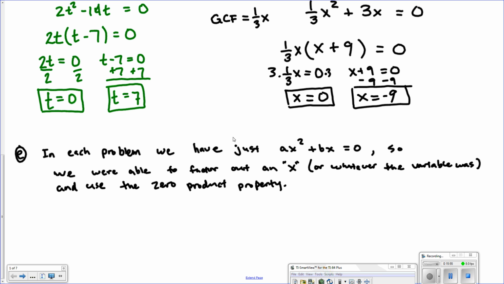So remember, our variable always was one part of the greatest common factor. So when we pulled that out there, we didn't have any addition or subtraction, so we had to set that equal to 0, which made it really easy. That's why we ended up with 0 each time.